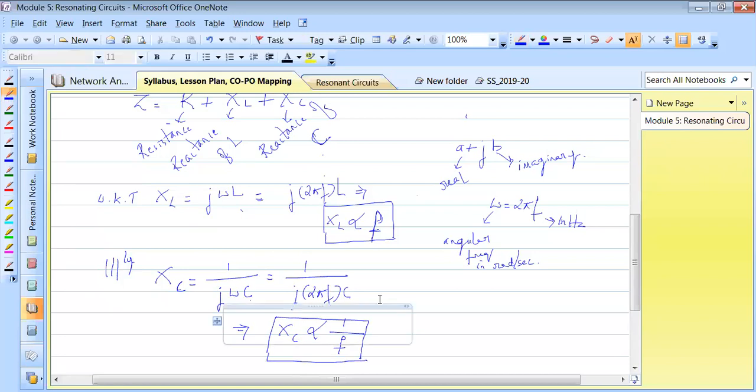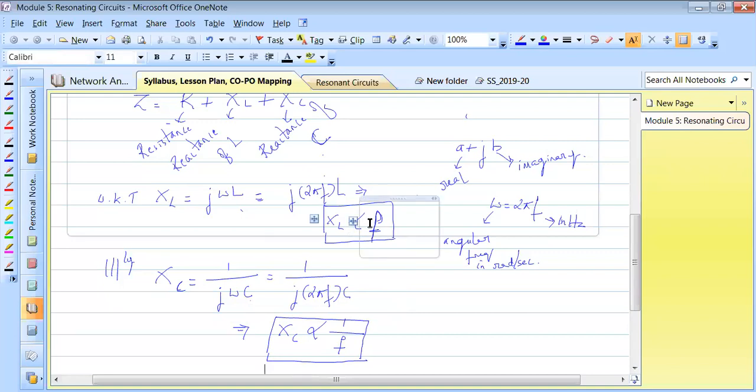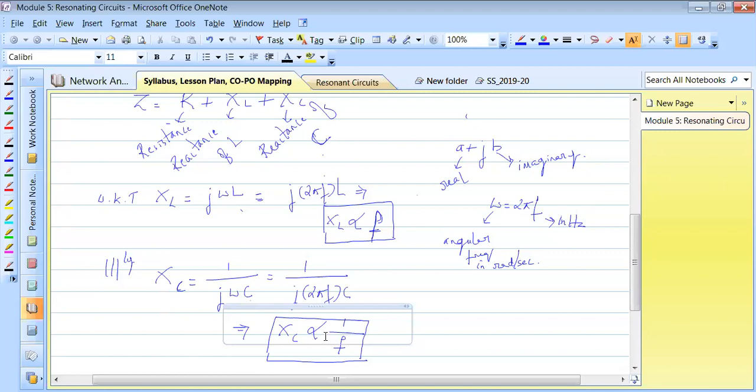Everybody understand that? The reactance of the inductor is directly proportional to f. The reactance of the capacitor is inversely proportional to f. What I mean by saying that is XL would increase as f increases, and XC would decrease as f increases. Everybody understand that point?